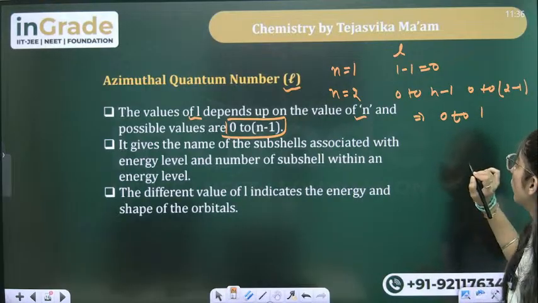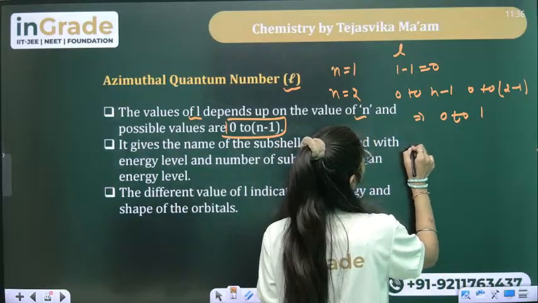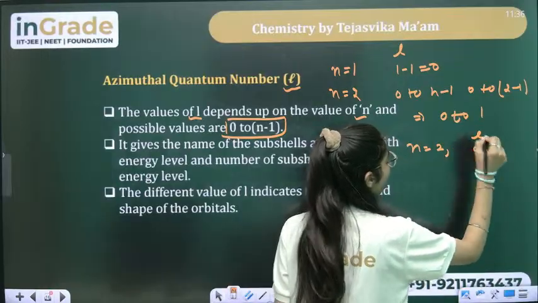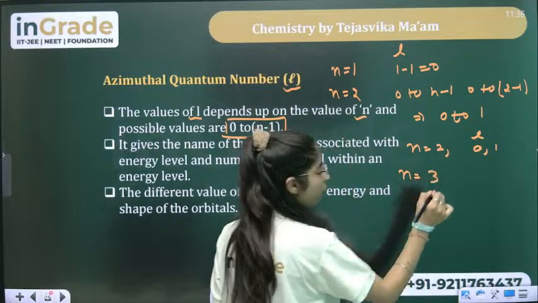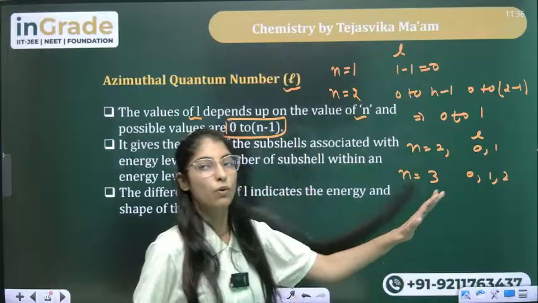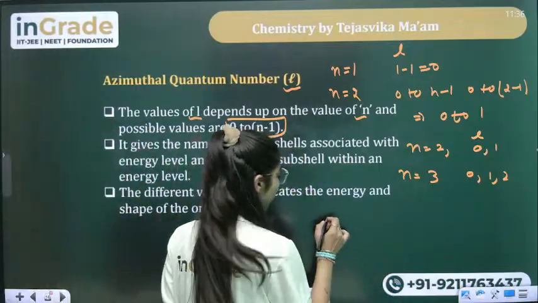So for n equals 2, the value of L will be 0 and 1. And if the value of n is 3, then the value of L will be 0, 1, 2 and so on. Now one important thing you have to keep in your mind, I am writing it here.